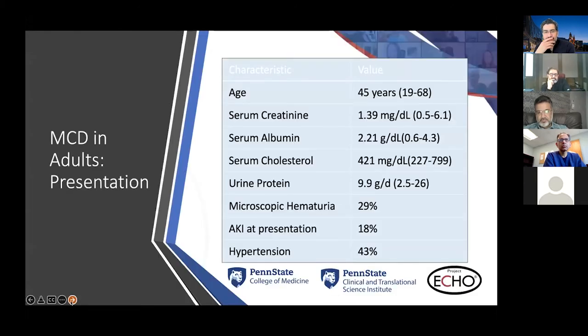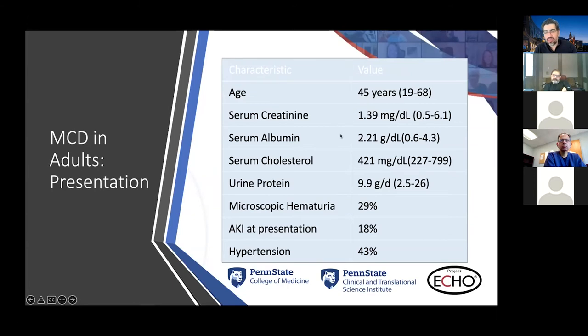So some observations on the adult side, this was again a summary of some presentations. Most patients are in their mid 40s on the adult side, but again, there's a wide spectrum. AKI is present in 18% of patients, and maybe more with minimal change disease, because of predominantly hemodynamic mediated changes.